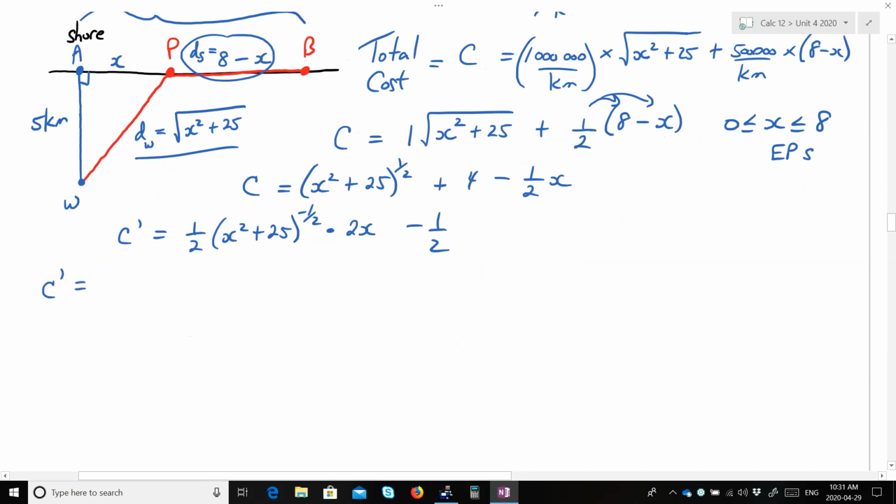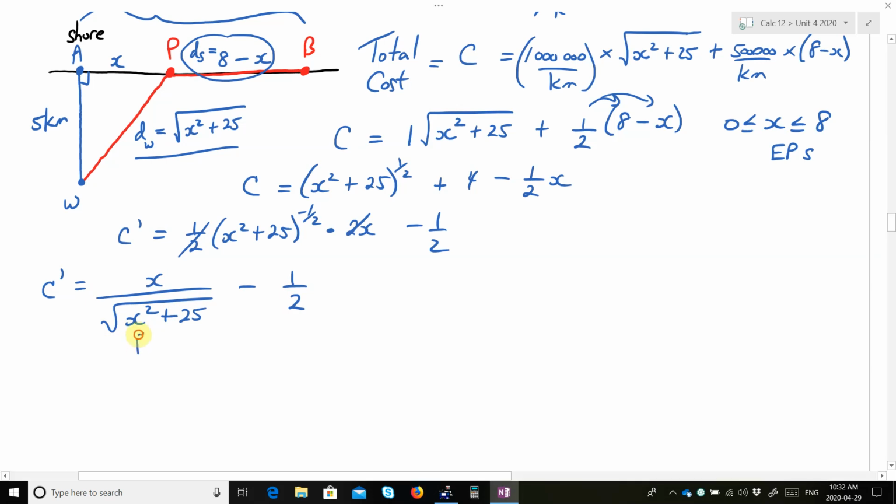So c prime is equal to a half times 2 is 1, so we're going to get x over the square root of x squared plus 25 minus a half. Now, is there anything that's going to make 0 on the bottom of that fraction?